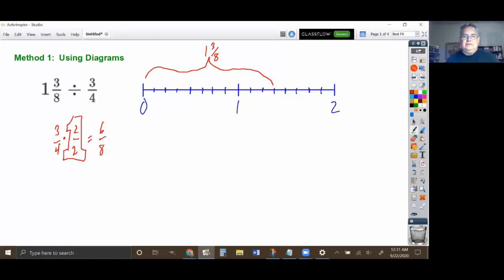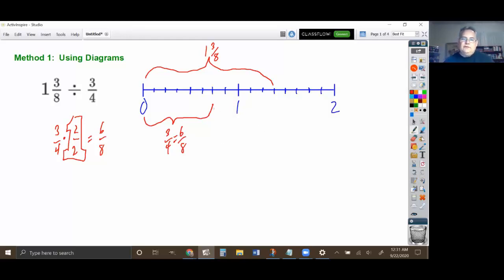I've got to go all the way to there. So this is going to be my first piece. This is 3/4. I have one whole group of 3/4 from here to there. Now that 3/4 I said was 6/8. We proved it over there to the left.